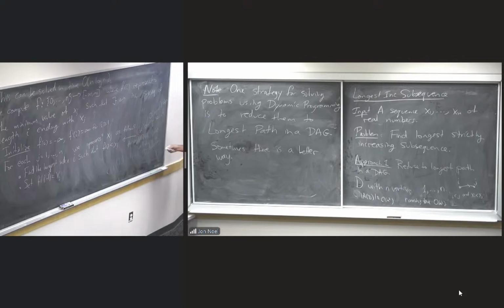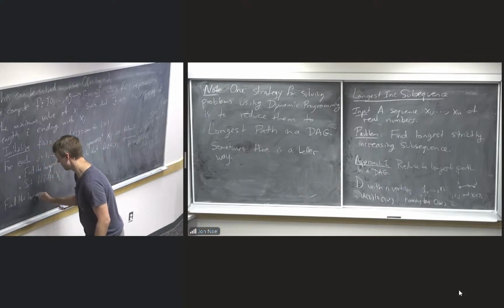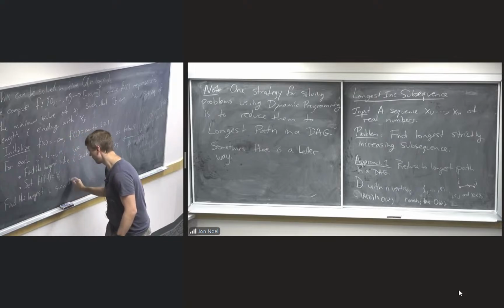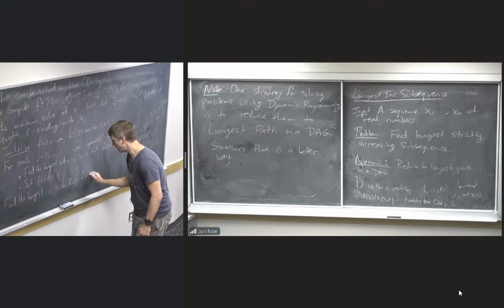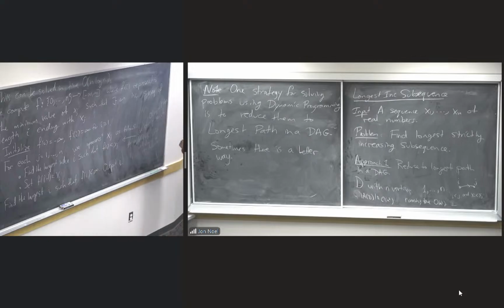Oh, and by the way, at the end, when we want to solve the problem, we would just find the largest I such that f of I is less than infinity, and output I, because I will be the length of the longest increasing subsequence. Okay, and every step takes log n time.